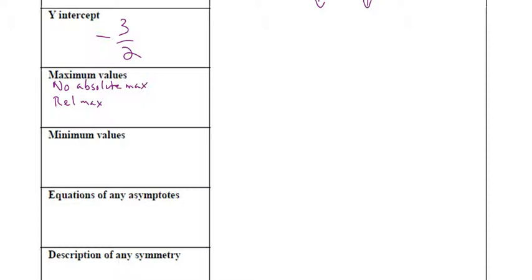Now, the question I was asking was, do we put the coordinates of that point or just the value? So, you know, seeing as we didn't ask for the point, we're just going to put the value. So there's a relative maximum at, and what was it? Negative 1.48, right? Now, I think you should still be aware of where that is.